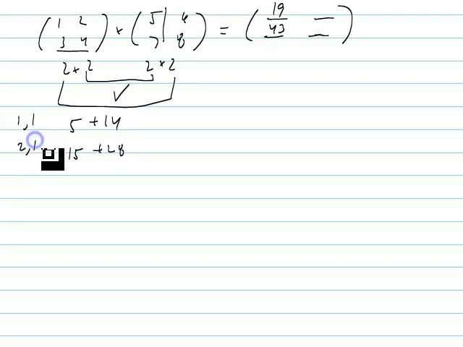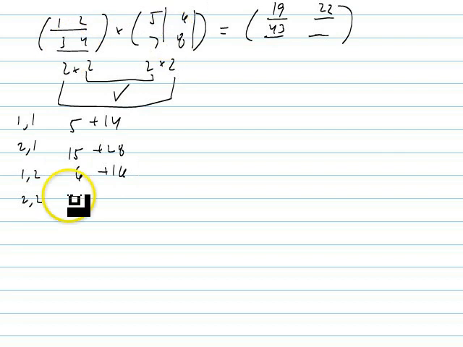This was row 2, column 1. Row 1, column 2, I take row 1 and I take column 2 and multiply them in that way. 1 times 6 is 6, 2 times 8, 16, added together, get 22. And finally, row 2, column 2, it's 3 times 6 and 4 times 8, which adds up to 50.